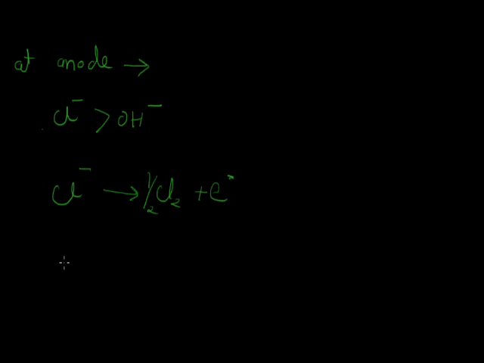So in this overall process, hydrogen gas is liberated at the cathode and Cl2 gas at the anode, whereas Na+ and OH- ions remain in the solution and will be converted into sodium hydroxide.